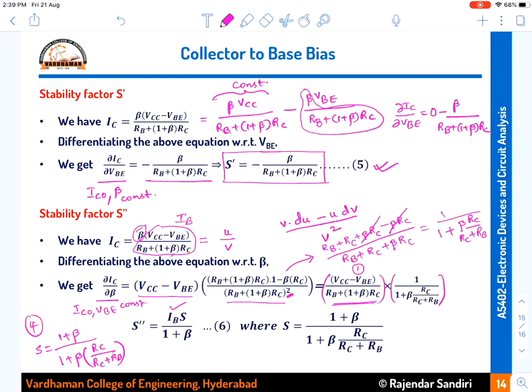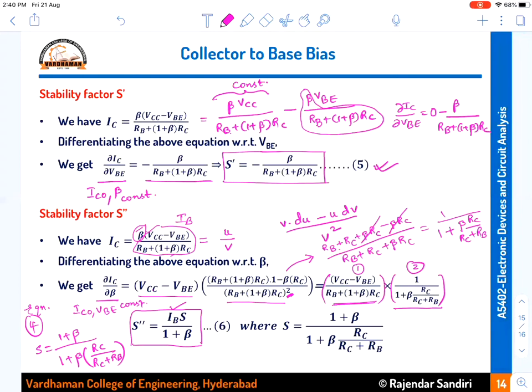This is equation number 4 in the previous slide. We got the stability factor formula S is equal to 1 plus beta by 1 plus beta into RC by RC plus RB. Now, in this second term bracket here, 1 by (1 + beta) can be written as S by (1 + beta) simply. Then you will get equation number 6 as the answer.